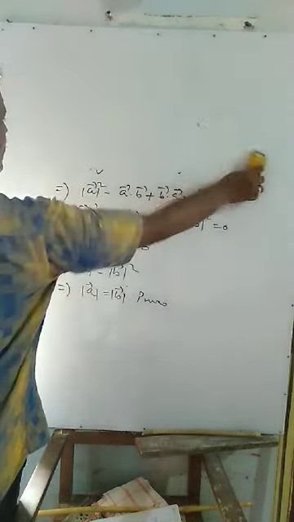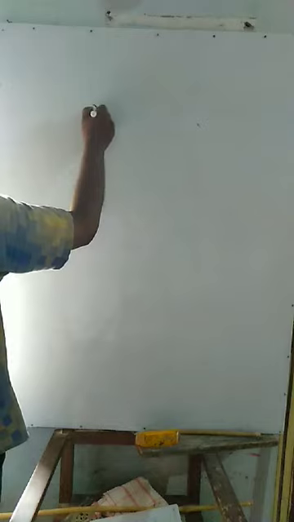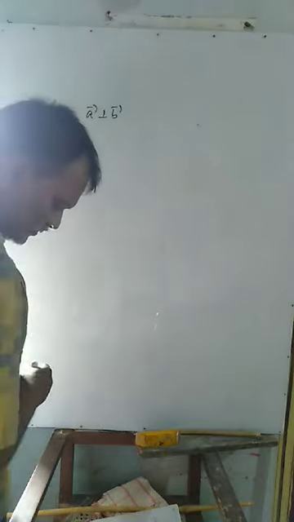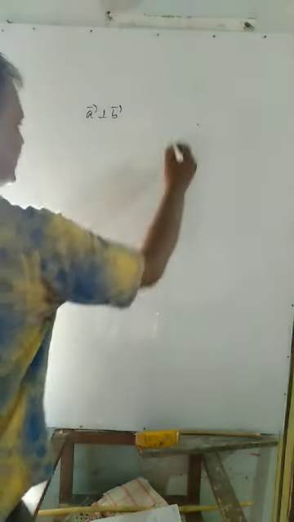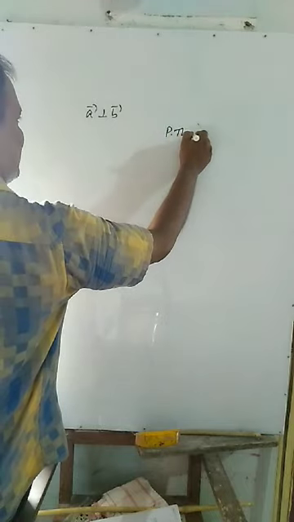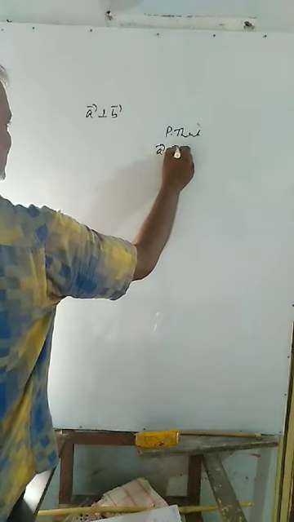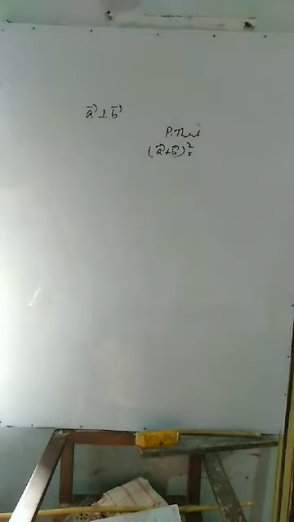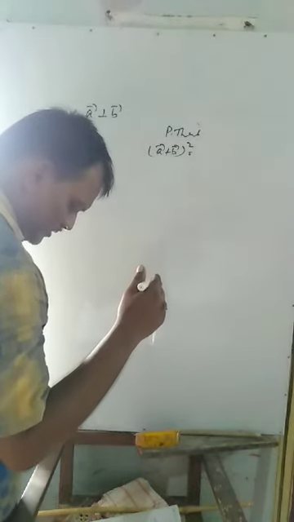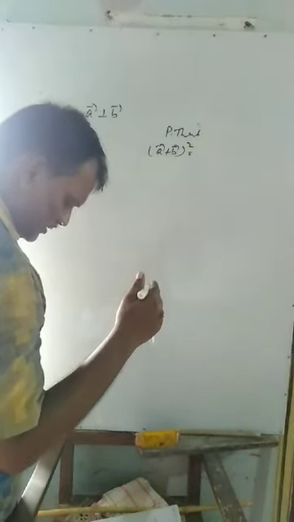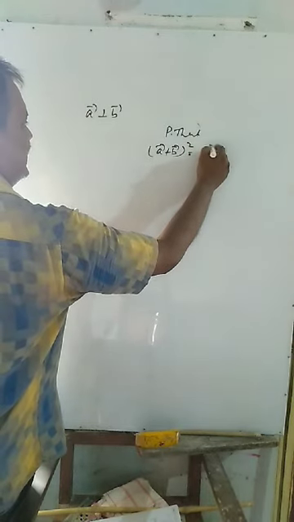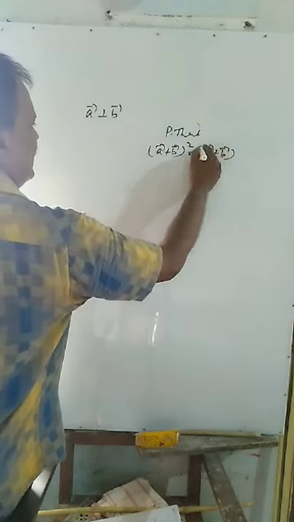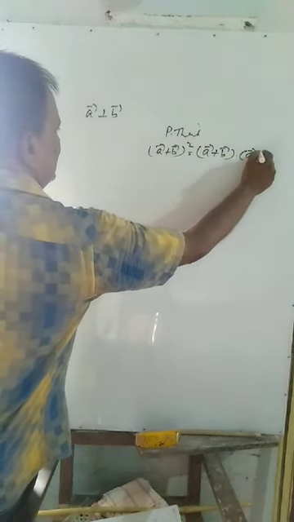Here a and b are two perpendicular vectors, a vector perpendicular to b vector. Then we have to prove that first, (a vector plus b vector) whole square is equal to (a vector plus b vector) dot (a vector minus b vector).